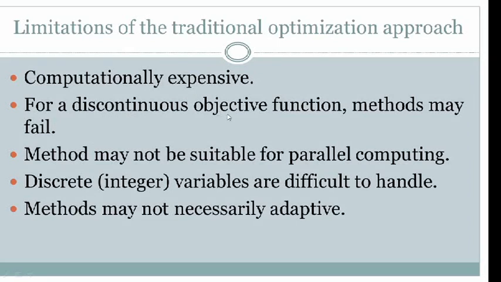For a discontinuous objective function, methods may fail. That is, if there are some isolated portions of the search space, the method may not be suitable for parallel computing. Discrete or integer variables are difficult to handle. Methods may not necessarily be adaptive.